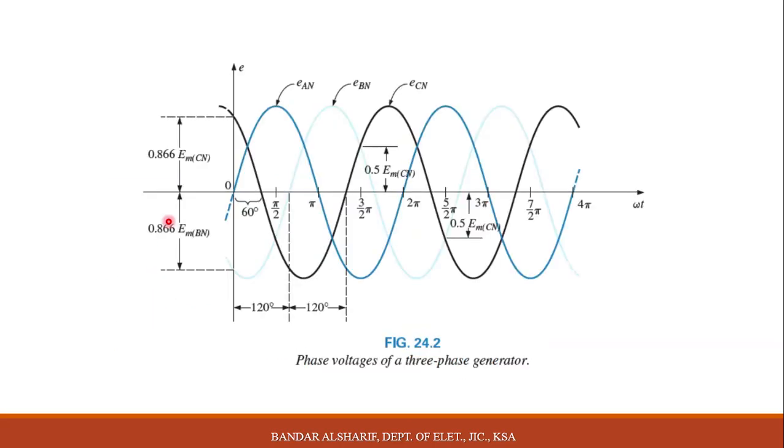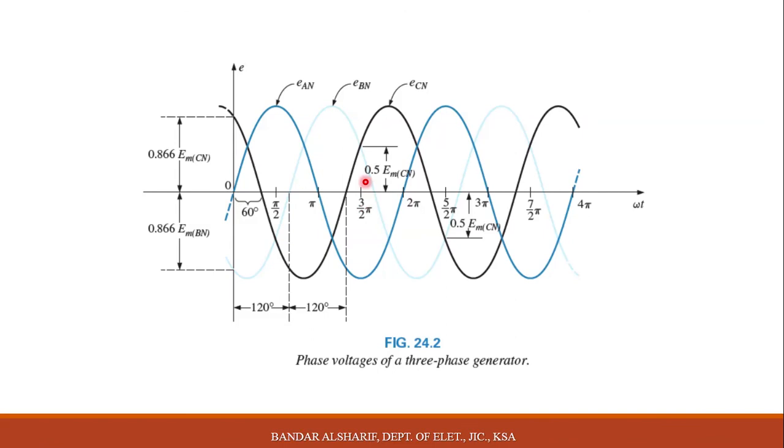See here, if you have the peak value, any peak, you will multiply by 0.707, you will get the RMS value for each phase.